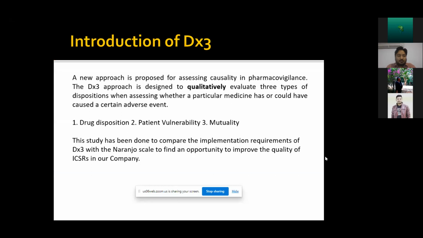The existing scales used in industry or by regulators, like Naranjo's scale, you might be aware of, but I don't know the type of audience, whether they are from industry background or academia. I'm getting confused about how to approach the audience now.